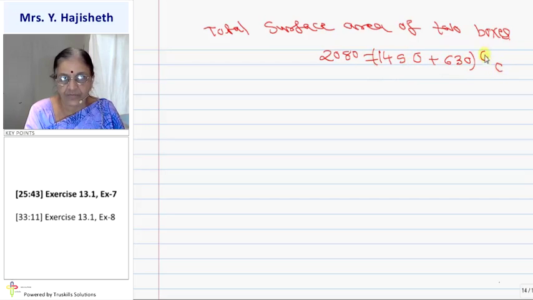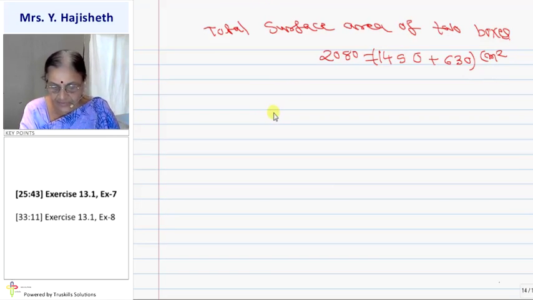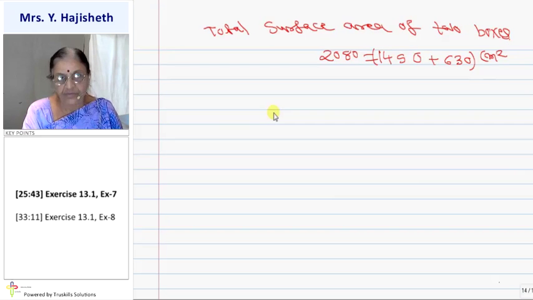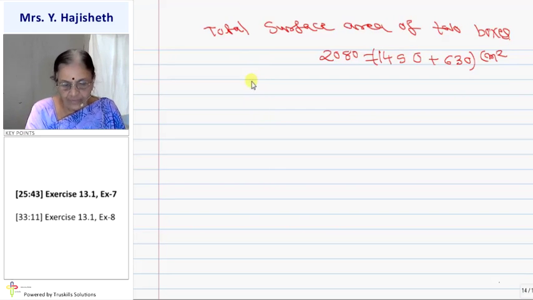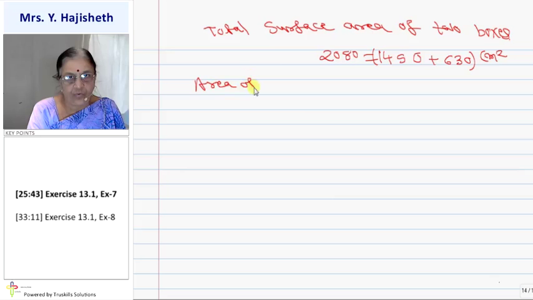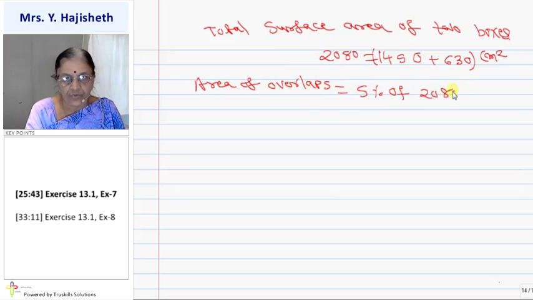This is your total surface area required for 2 boxes. But there is 5% wastage, needed for overlapping. So area of overlaps for these 2 boxes is 5% of 2080, and it is coming 5 by 100 into 2080. So it comes 104 centimeter square.